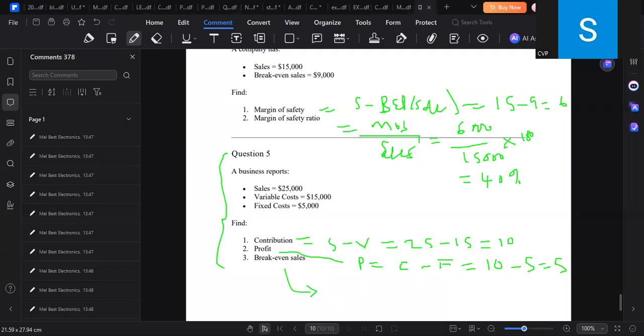What is the break even of sales? You can use two methods.